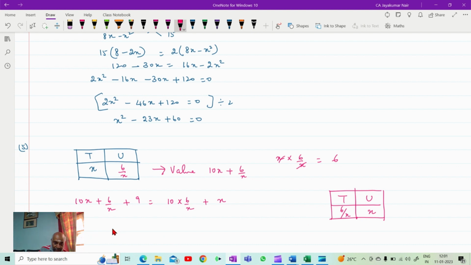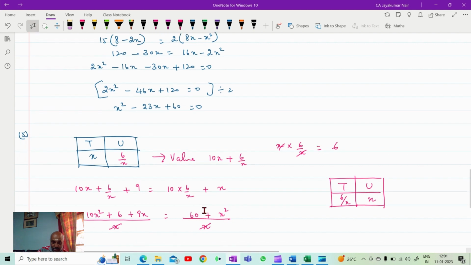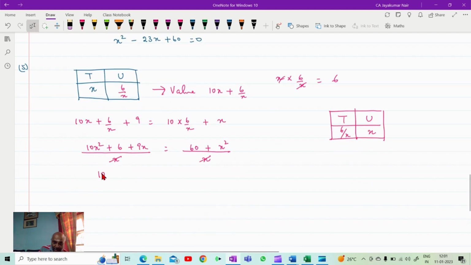So what do you get here? LCM is x. So this will be 10x squared plus 6 plus 9x is equal to 60 plus x squared. Remember, the denominator x and x we can cancel. So what do we have? 10x squared plus 9x minus x squared.